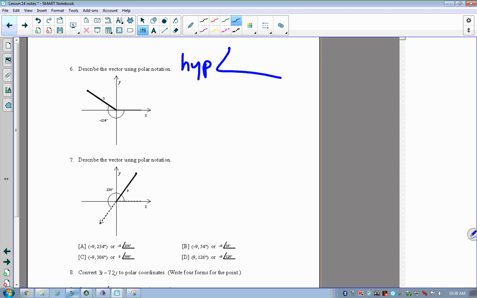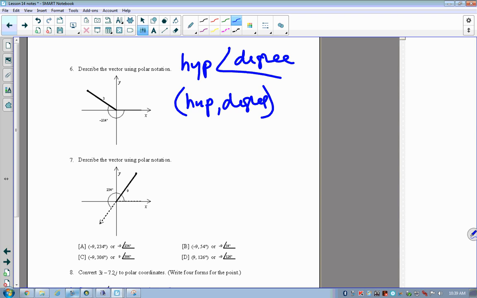and then puts it outside the degree measure. We can also list it like this, where this is my hypotenuse and this is my degree. Either one of those works for polar notation, even though they look similar to coordinate notation.